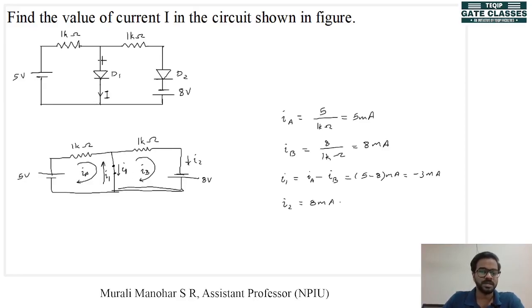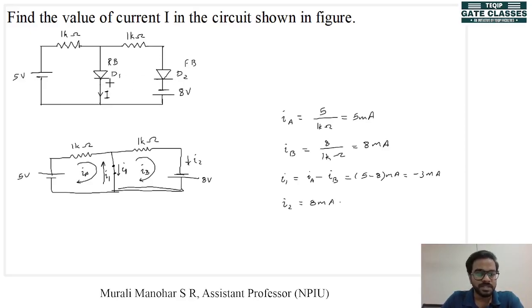So when we look at the circuit, this current direction implies that the current is flowing from cathode to anode. That cannot happen under forward bias. That means our diode D1 is reverse biased and diode D2 is forward biased. Let me denote it here. So diode D1 is reverse biased, RB means reverse biased, and diode D2 is forward biased, that is FB.